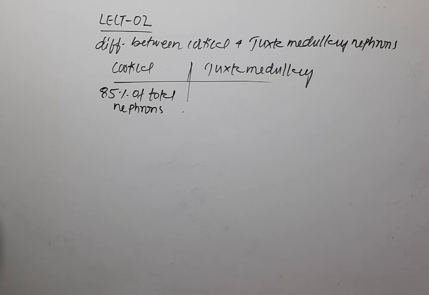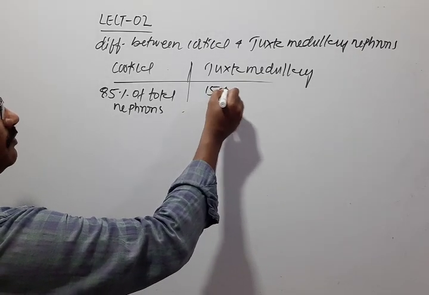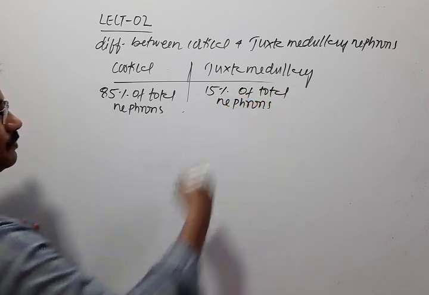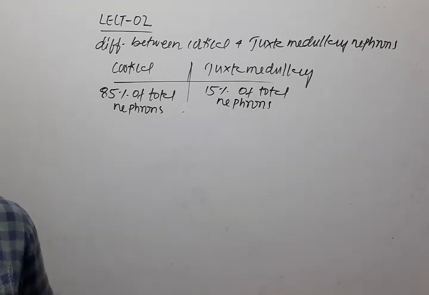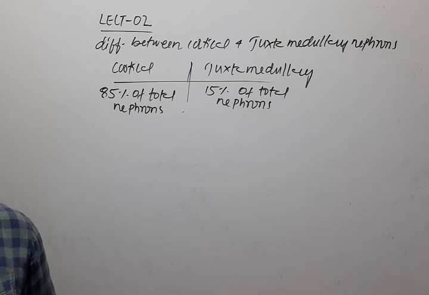The point here, in the old textbook they have given these values, but in the new textbook they have eliminated these values, even though I'm just giving it for information's sake. Whereas the juxtamedullary nephrons will constitute 15% of total nephrons. So again, in the old textbook they have given these values. In the new textbook they have eliminated these values completely.